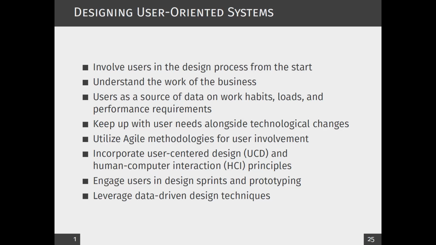So when you're designing systems, you have to focus on the users. When you say user-oriented system, it means you have to involve users from the inception of your software solution. That means from the start, you have to involve users in the design.